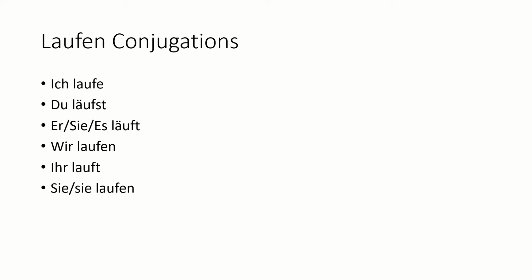So we have ich laufe, which is I run, and then du läufst. For du and er/sie/es, you just add an umlaut to the A. That just changes the pronunciation a little bit, from lauf to läuft. So you have er/sie/es läuft, wir laufen, ihr lauft, und sie laufen.